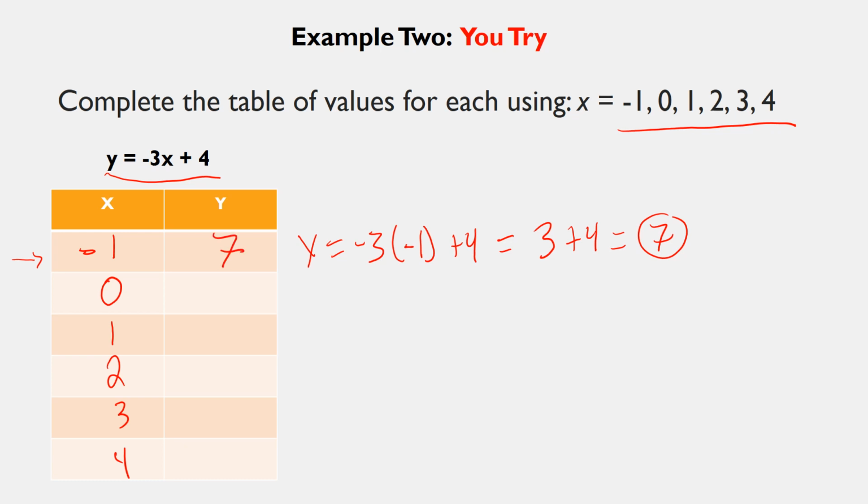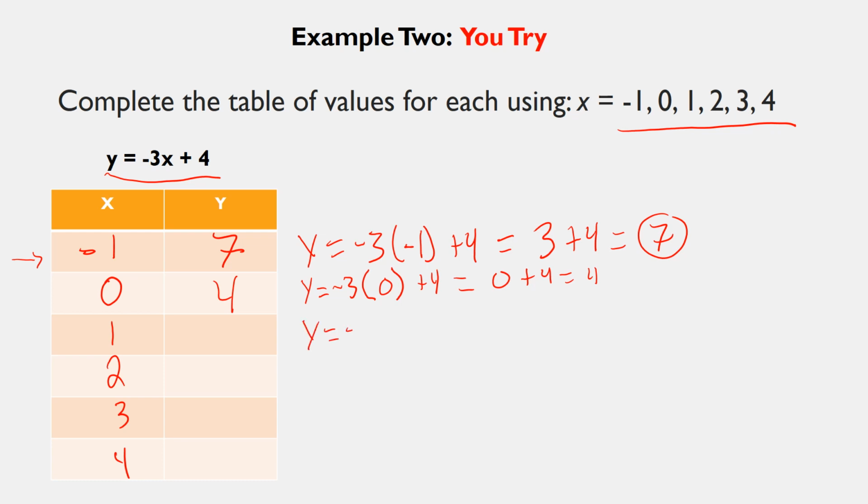We have to do this for each of the rows together. So again, we look at it, and y equals -3 times, well, our x value, and this one is actually 0, plus 4. Well, -3 times 0 is 0, plus 4 is just 4, because 0 plus 4 is just 4. Do it again for the next row.